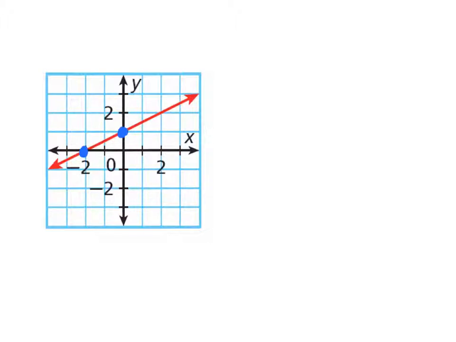All right, so my rise, it doesn't matter where you start, but I'll start here at the point x equals -2, y equals 0. The change in the y direction from that point to this point, you would have to go up 1. So the rise is equal to 1.